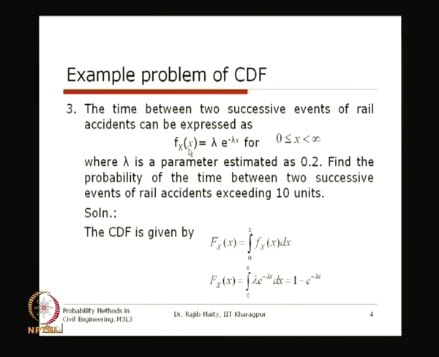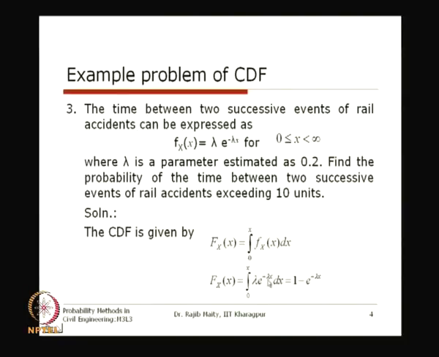First of all, from this probability density function we can get the CDF by integration. We have to integrate this probability density function from minus infinity to x. From minus infinity to 0 it is 0, so from 0 to x we integrate it.